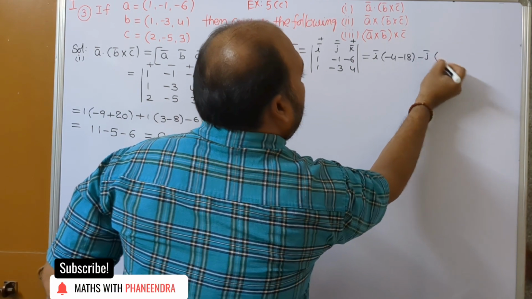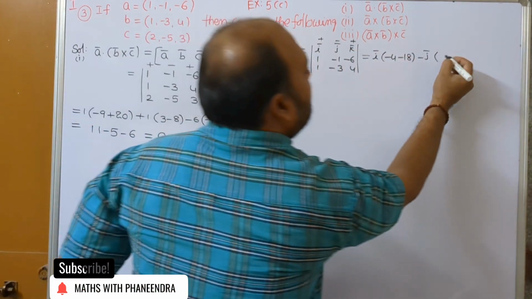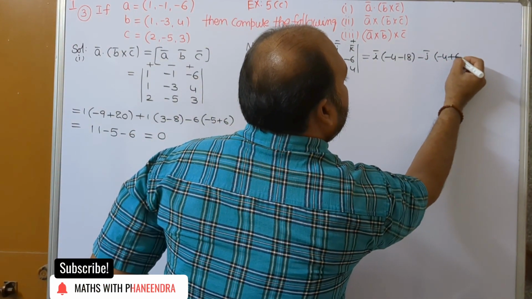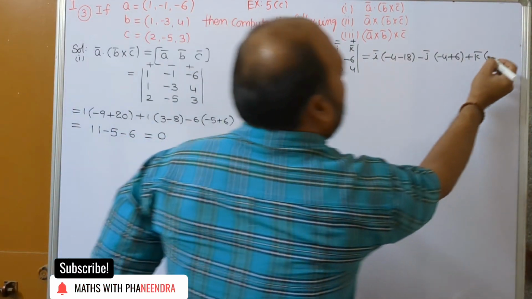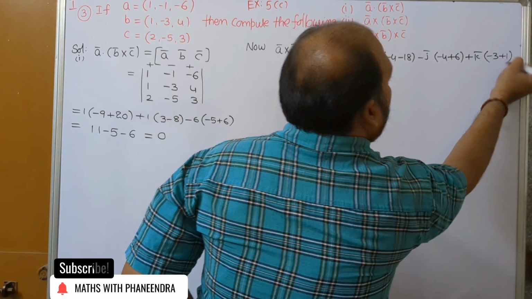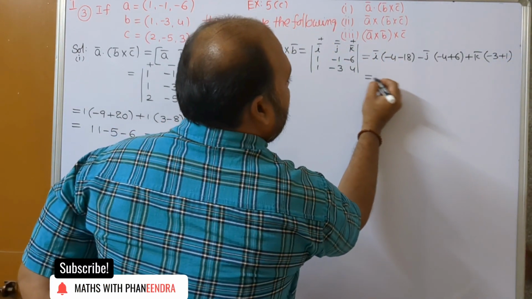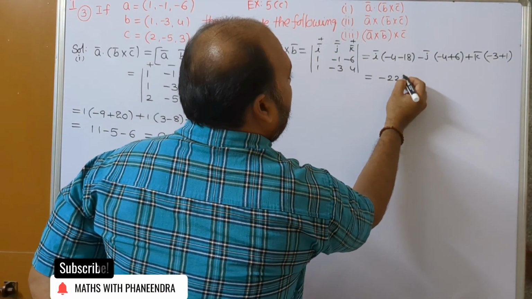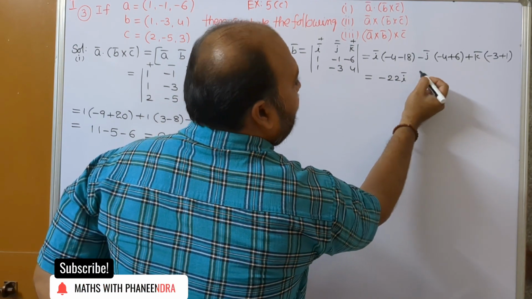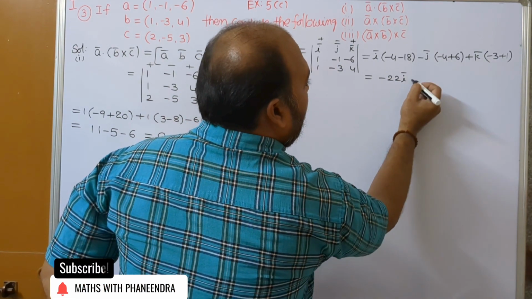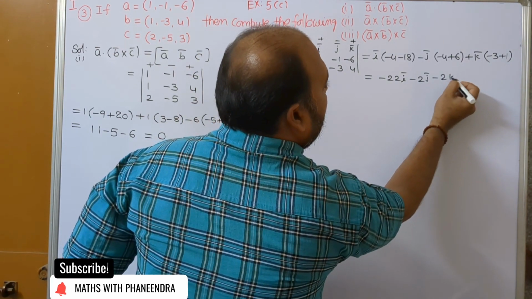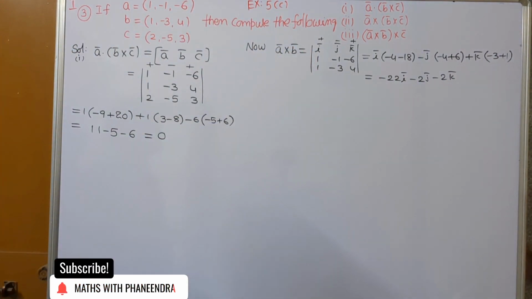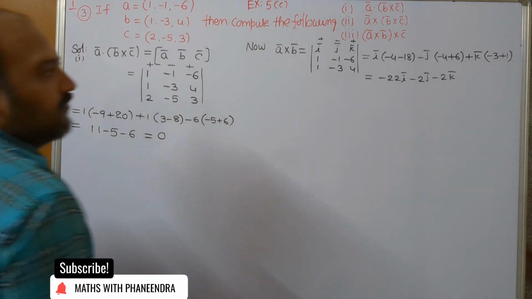Next minus J into 4 minus of minus 6, 4 plus 6. K bar into minus 3 plus 1. So which is equal to minus 22I, minus 10J, 6 minus 4, 2, 2 into minus, minus 2K. This is about A bar cross B bar.